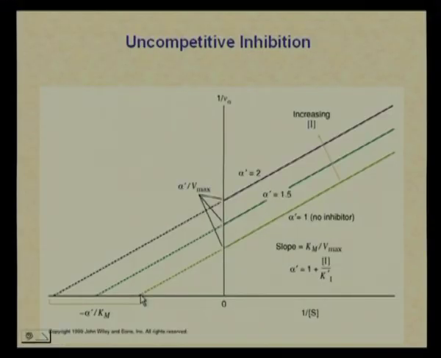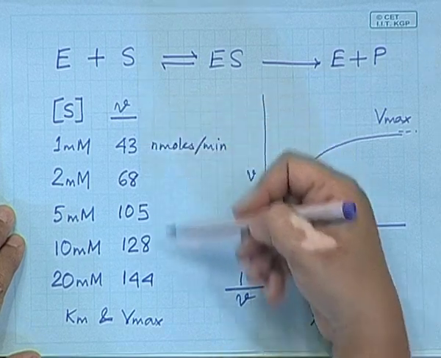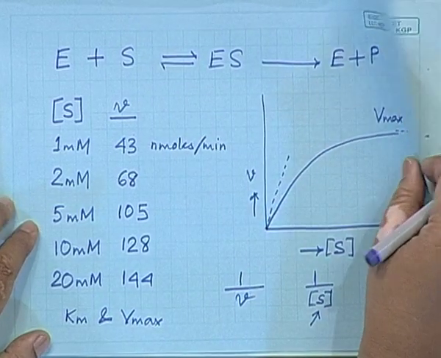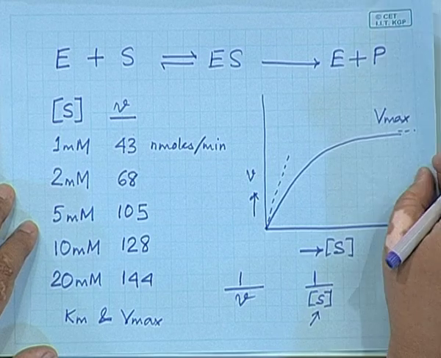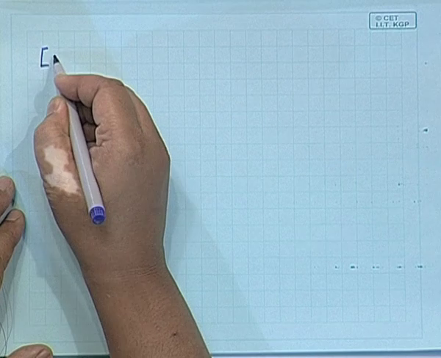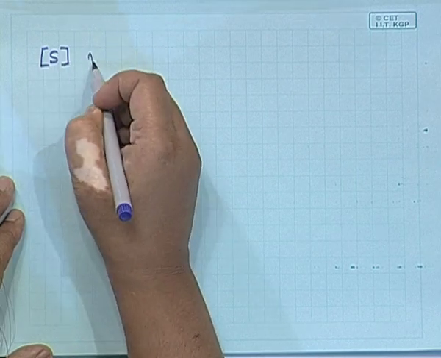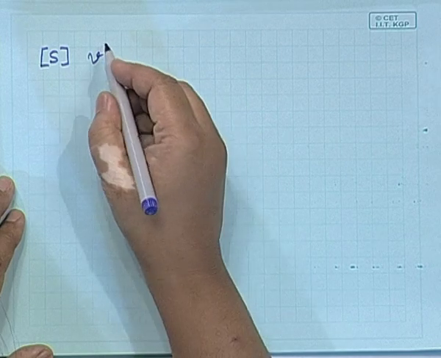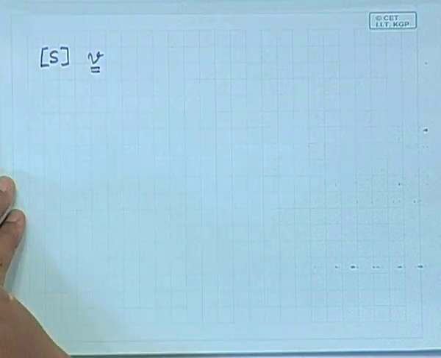Now, if we go back to the problem that we were doing in the last class, I gave you a set of V0 values and S values. So, we got a series of S values and a series of V values. Now, suppose we introduce an inhibitor here. So, we have S values and V values for an uninhibited enzyme.